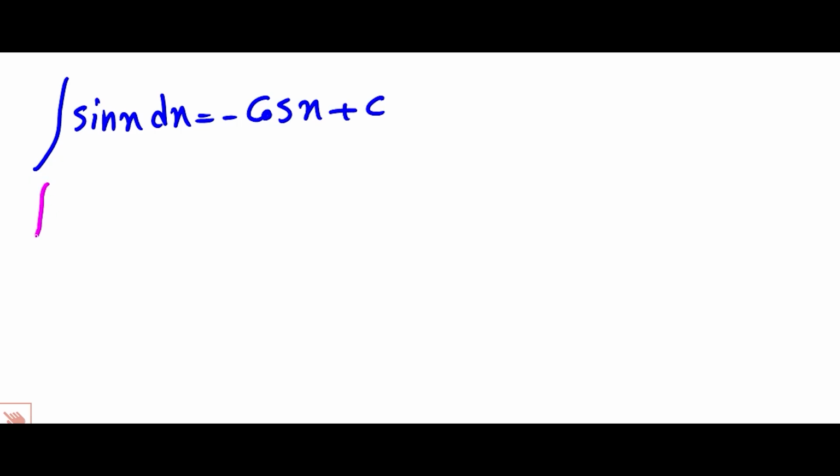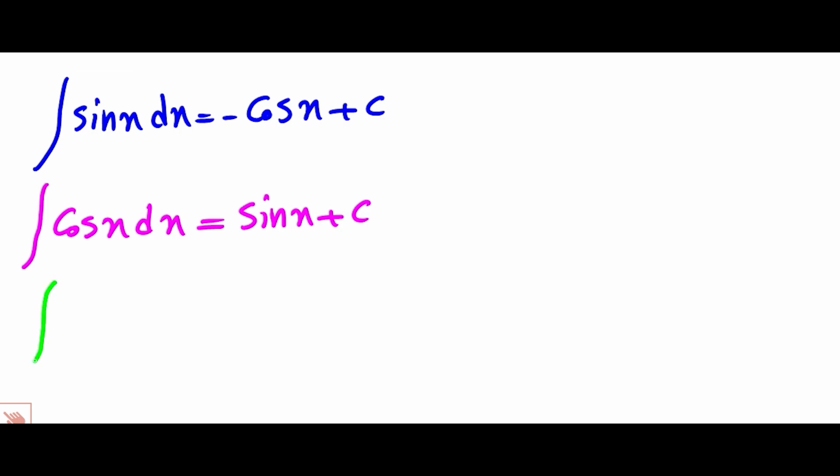So let us collect the main formulas together. Number 1, the integral of sine of x dx equals negative cosine x plus c. Number 2, the integral of cosine x dx equals sine of x plus c.